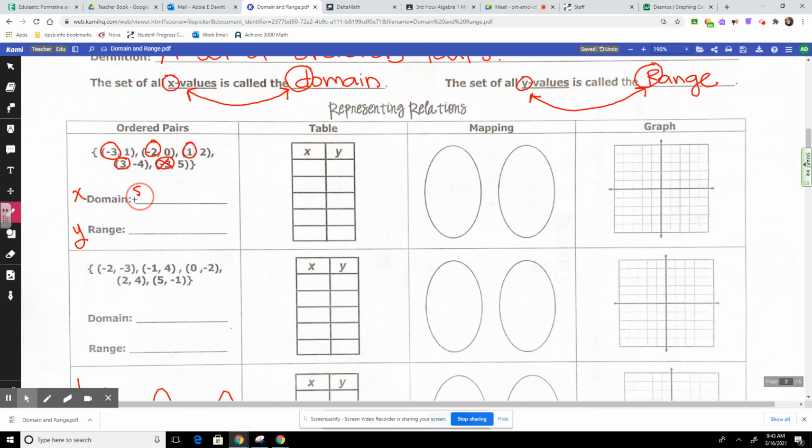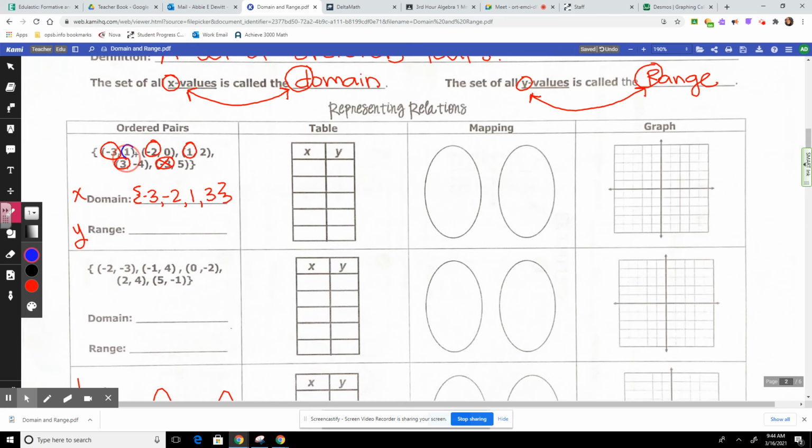So if I want to write my domain as a set value, I'm going to write them in order from least to greatest without repeating any x values. So my least number is -3, -2, 1, and 3. Now I'm going to change my color to blue.